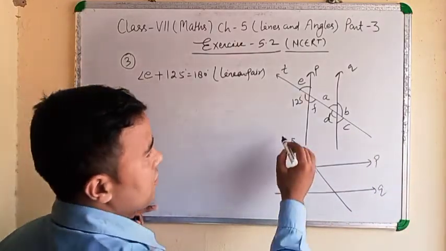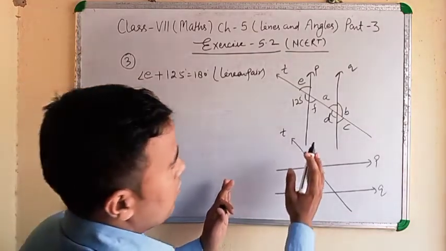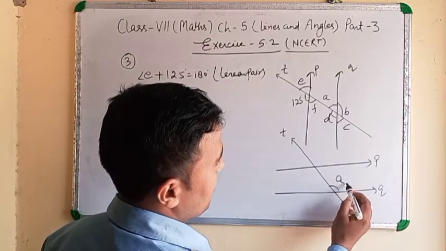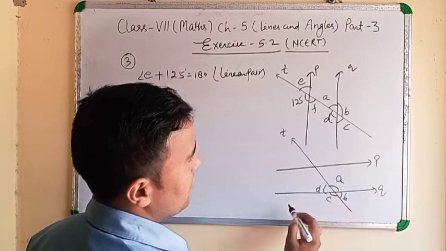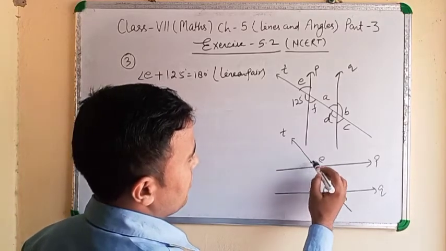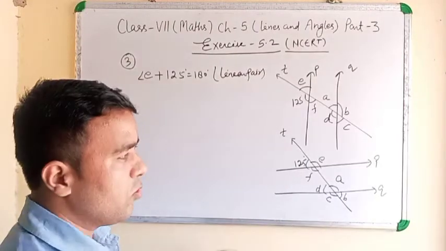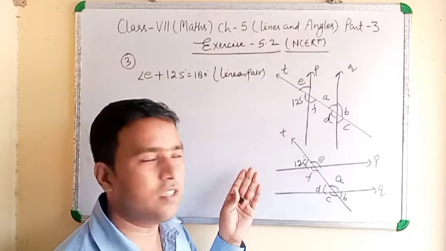T is the transversal. Clear or not? Rotate means it is A, B, C, D, and E. If you rotate this, you will get the figure like this. It is very easy.